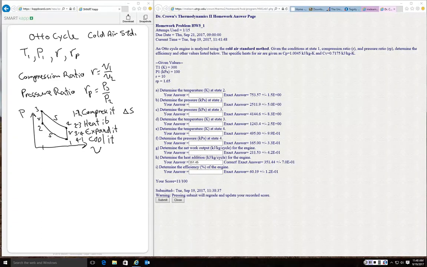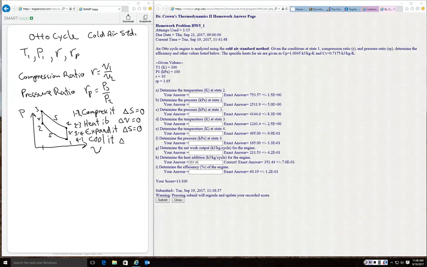How do we heat it? Some property remains constant there, at constant volume, so delta V equals 0. How do we expand it? Again, isentropically, so some process that's constant, entropy is constant, delta S is 0. And then again, specific volume is constant, so delta V equals 0.